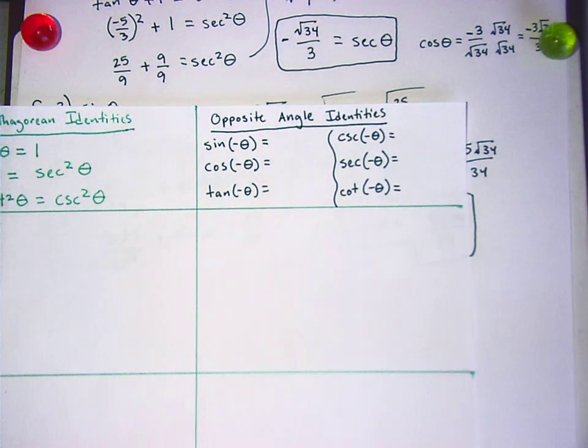It's basically sine, cosine, tangent, cosecant, secant, and cotangent, just with negative theta inside instead.